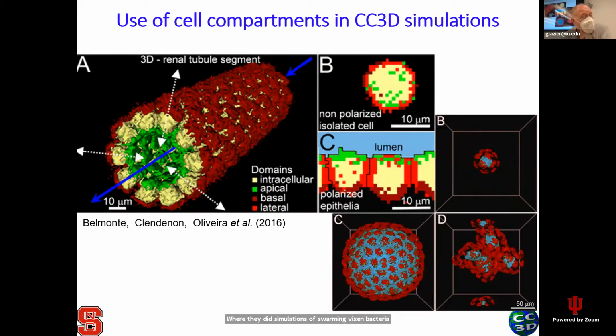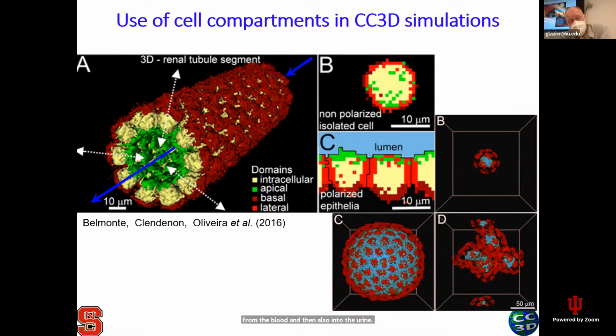We've done this, for example, in conjunction with people at the School of Medicine to simulate the tubules in the kidney. In the kidney tubules, there's active pumping from the blood and then also into the urine.